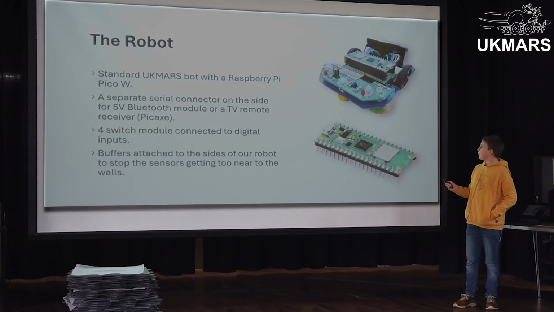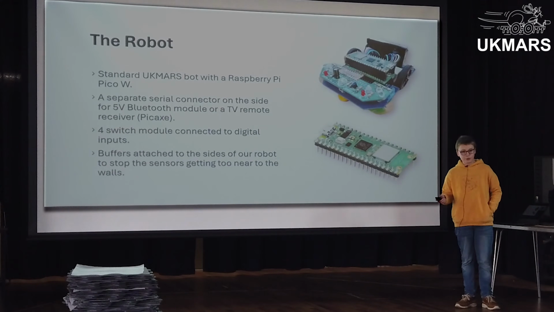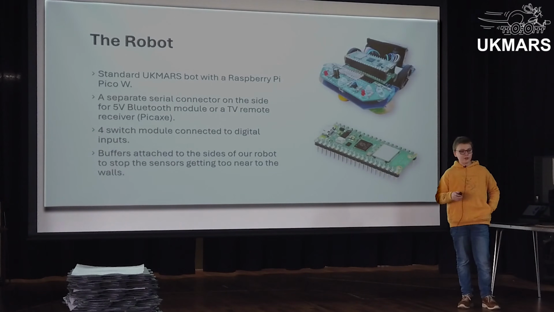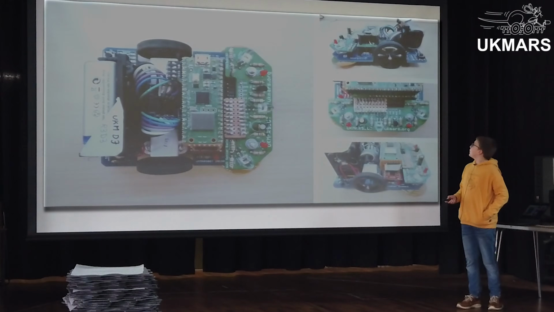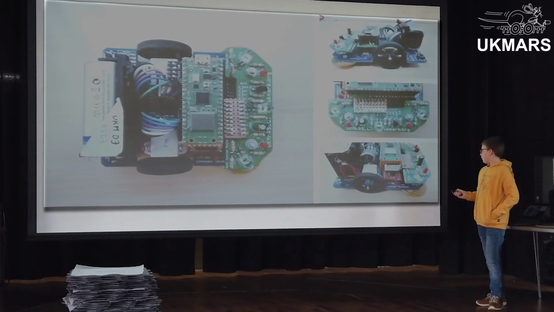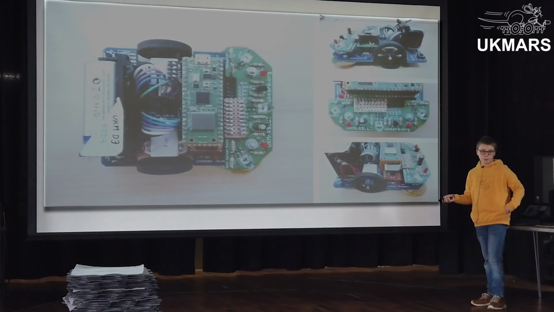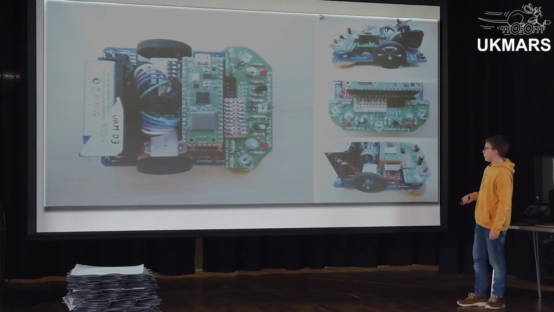We have buffers attached to the side to stop our sensors getting too close to the walls of the maze, because when they get too close it can change the values. You can see here, this is where we plug in our Bluetooth module or TV remote receiver.